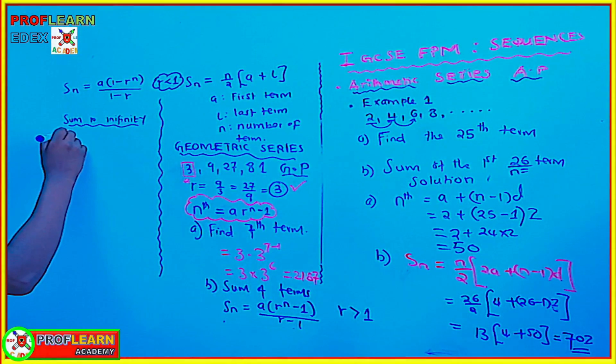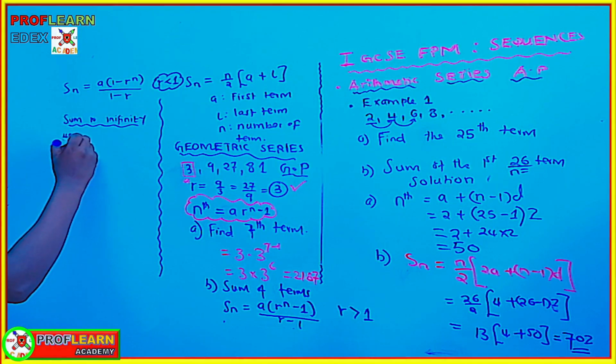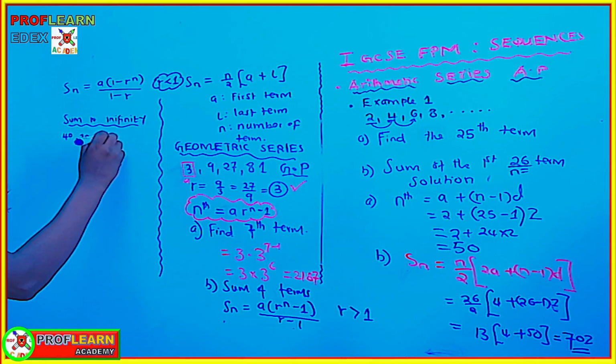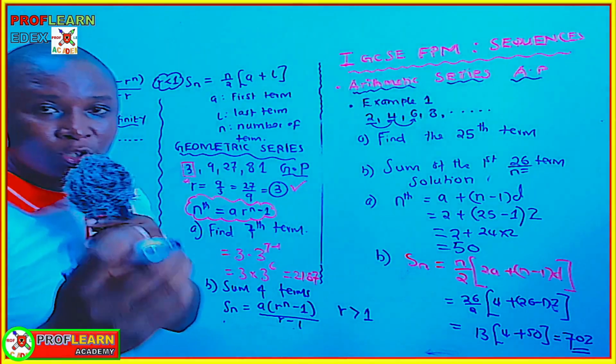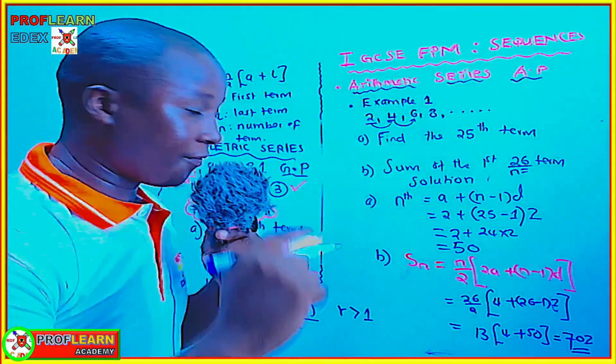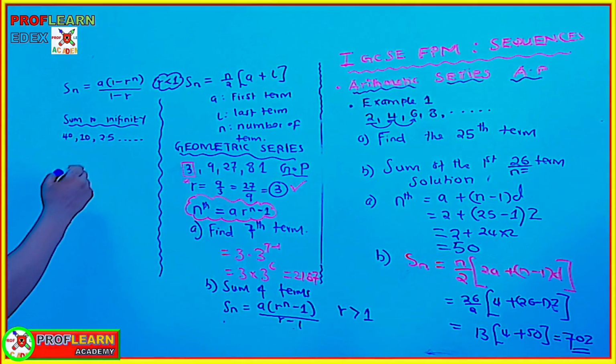Now, for instance, if you have 40, and this becomes 10, and this becomes 2.5, you see now this series is reducing to a given value, becoming smaller and smaller.